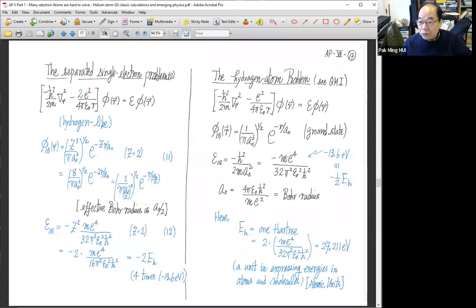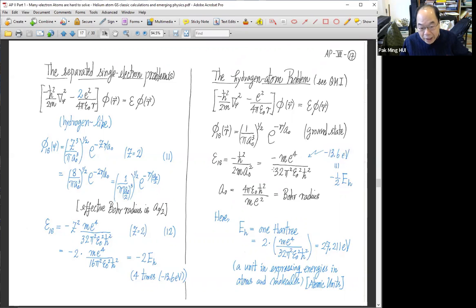Here, I would like to introduce a new measure of energy. Let's define some funny thing called a half Hartree. That is an energy. What is it? It is 2 times the hydrogen ground state, 2 times 13.6. Okay?